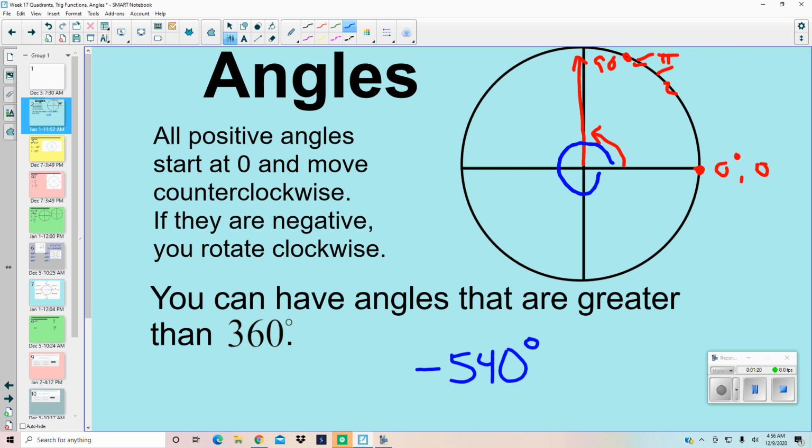That's 360 degrees, 450, 540 would end up right there. So negative 540 would be the same as 180, the same as pi, the same as negative pi. All would end up in the same spot.